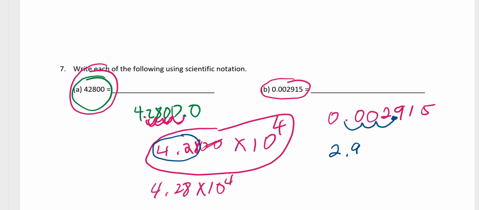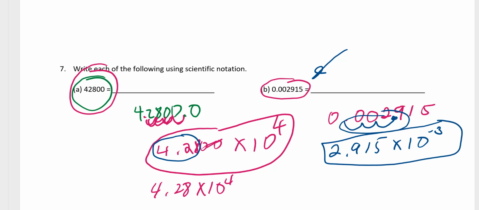So the answer is 2.915 times 10 to a certain power. I moved 3 places. But remember, a small number has a negative power in scientific notation, so that becomes a negative 3. If you want a rule, which I really would rather not give you, I would rather you just think about it the way I told you.